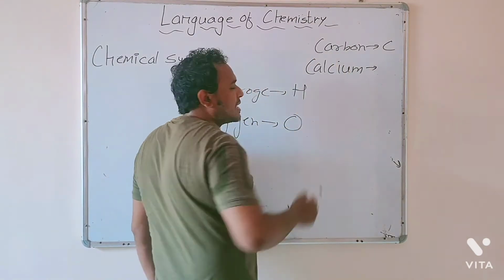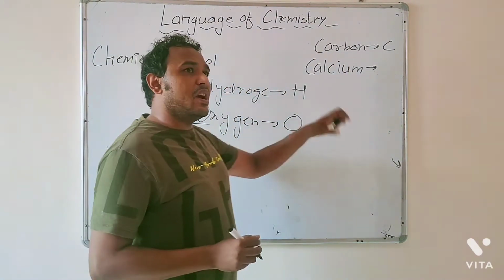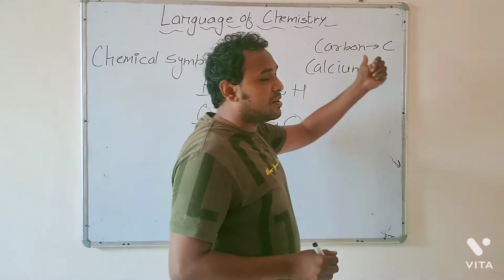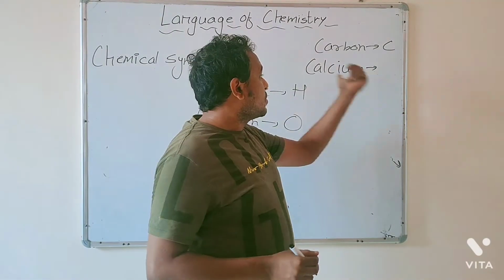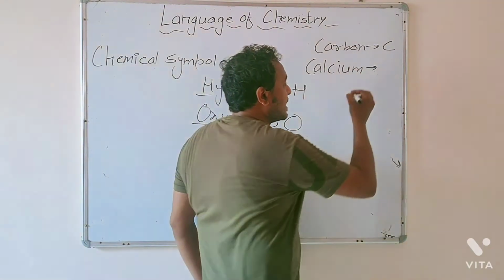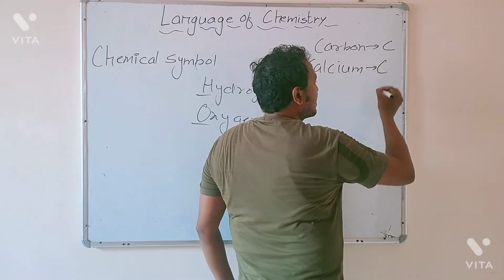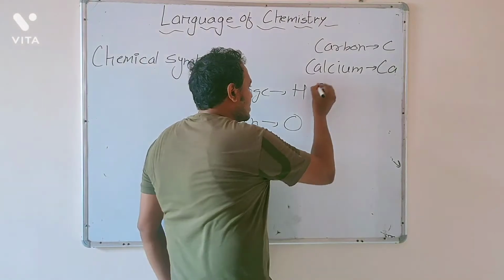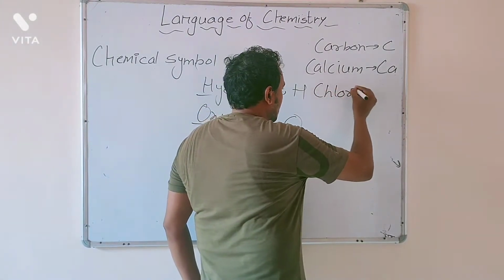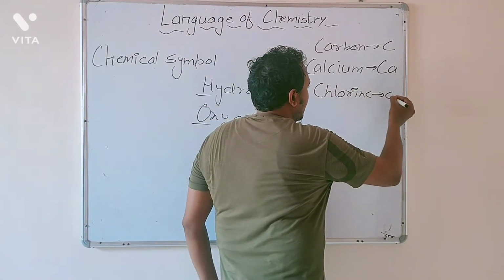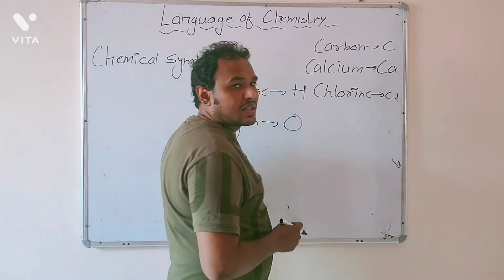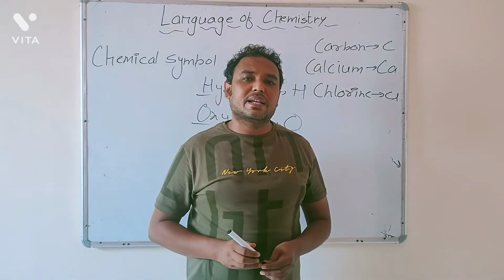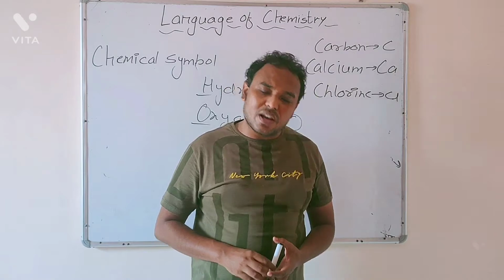Both start with the letter C. But we have already used the symbol C for carbon. So now for calcium, we use the first letter capital C followed by the small letter a. Chlorine, Cl. The first letter is capital, followed by the second or third letter in small.